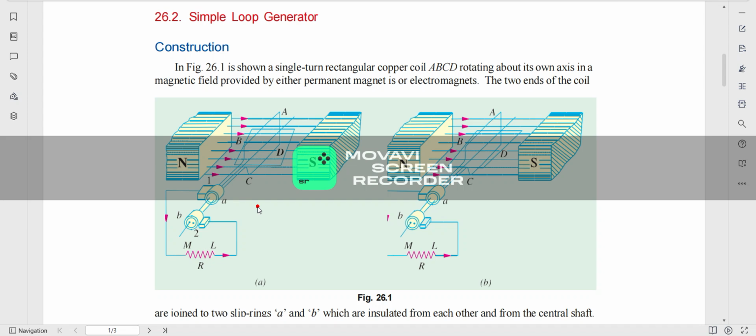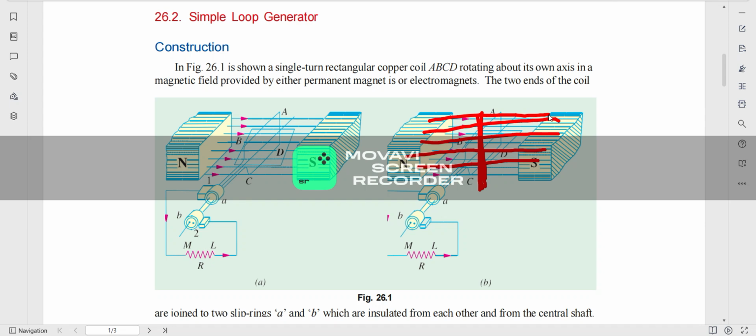Then you change the position of the coil so that it is placed perpendicular to the north-south direction. The coil sides are moving at right angle to the flux. You can see the position here, directly at right angle to the flux lines, that is, vertical. So maximum flux will be linking through this coil.